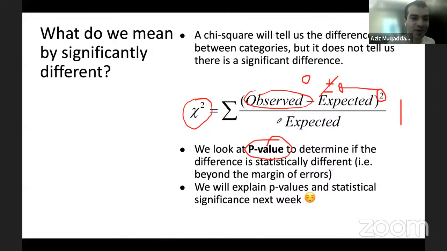You remember your middle school or high school math. And so if it's 0, then it's an actual match. It's the same. And as it becomes larger, obviously you are seeing a larger difference.